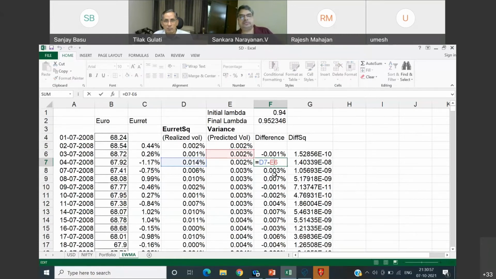The volatility that you predicted yesterday is compared with the square of the returns that you got today. The square of the returns is the actual. Your volatility prediction used past data. Is that clear? Yes, sir. This is what you do. You predict one day before and you compare it with the actual price movement or return today. You predict VAR one day before and you compare it with P&L today. The same logic.